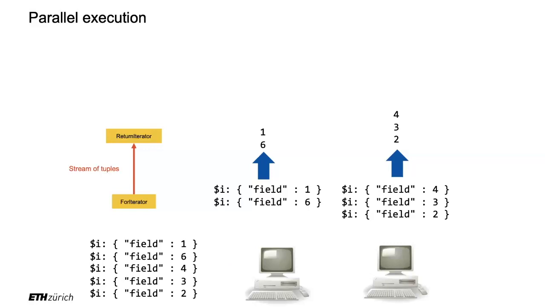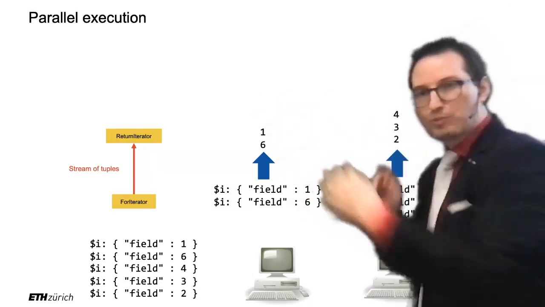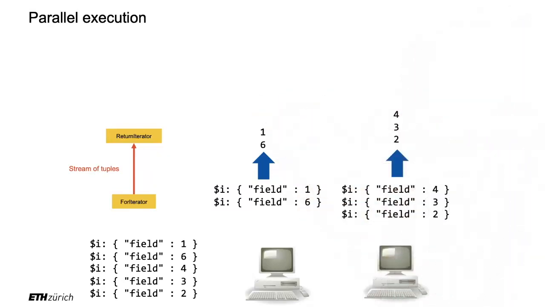On the first machine, I'm going to process the first 2, on the second machine, the other 3 at the same time. And at the end, I just put it back together. So this is the magic of parallelization. Now, not only don't we have any space problem anymore, but we also don't have any time problem anymore, because we spread it over the machines.